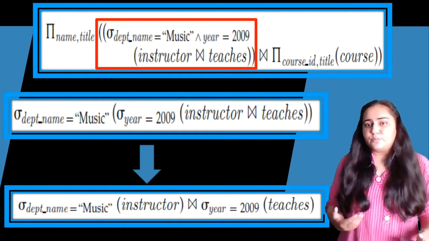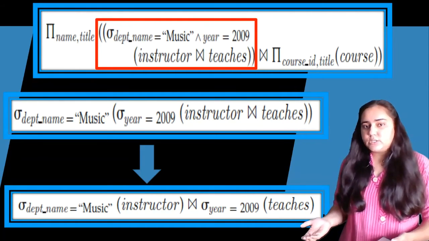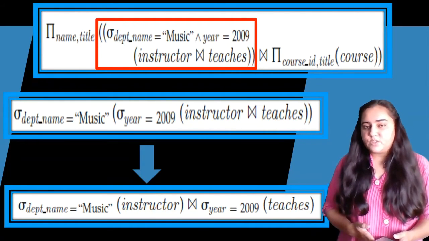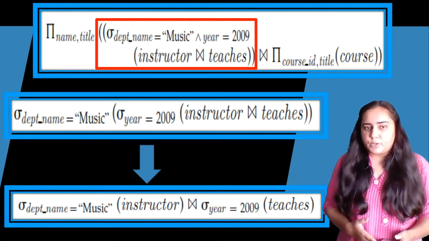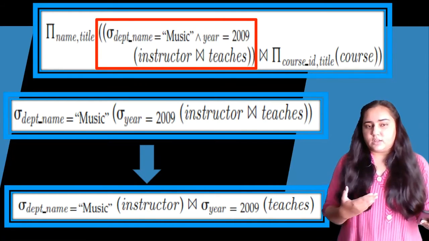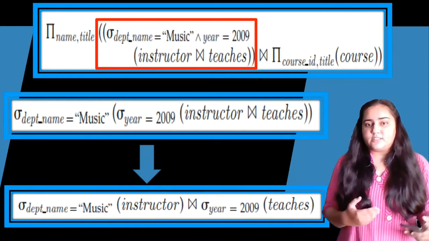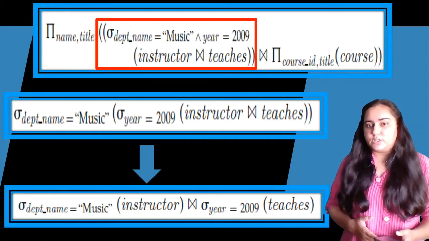Department name is not present in teachers, and the year is only present in teachers, but it's not present in instructor. So I can still make it an individual sigma operation. You can see now the dept name condition is applied only to instructor, and the year condition is applied only to teachers.